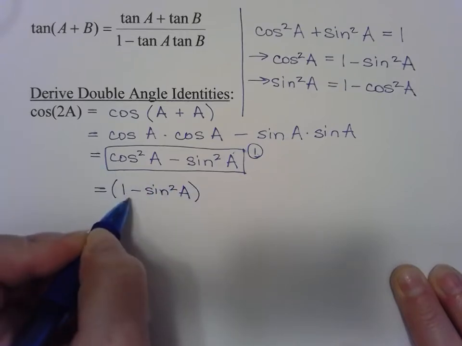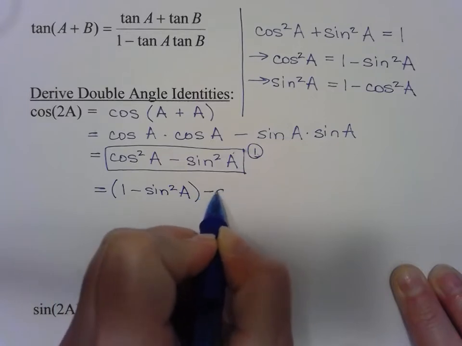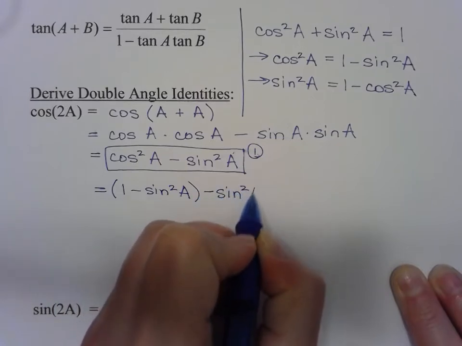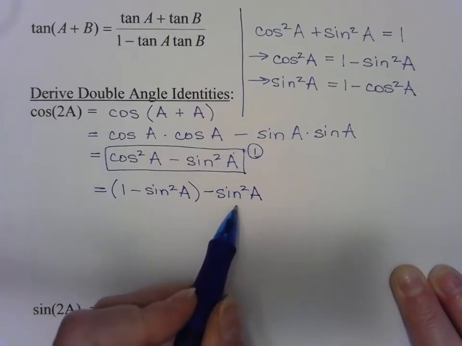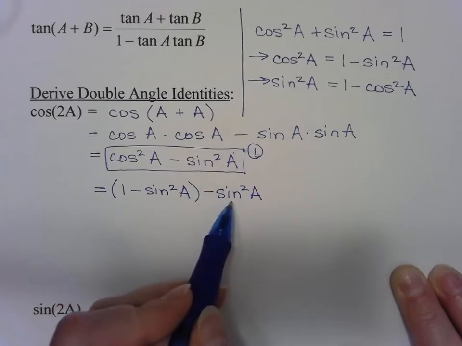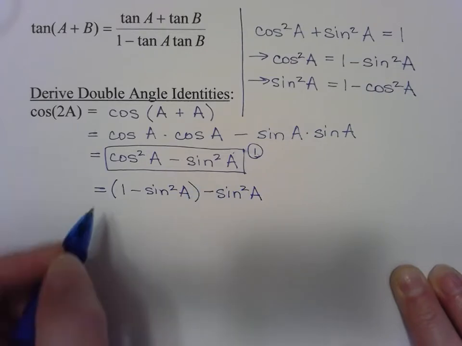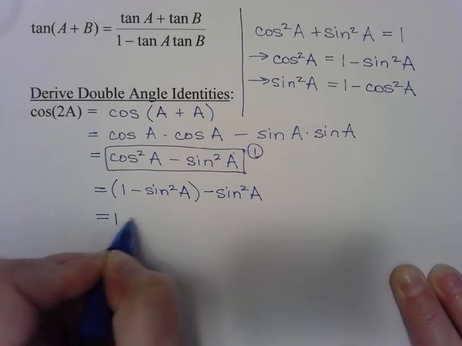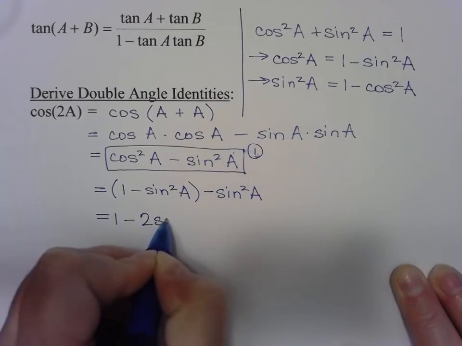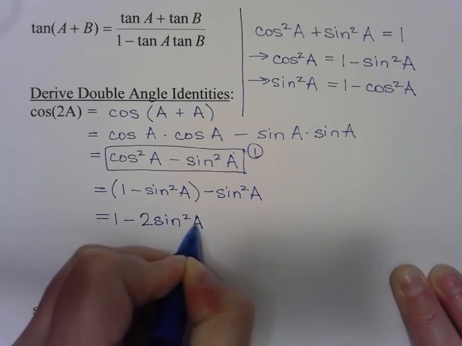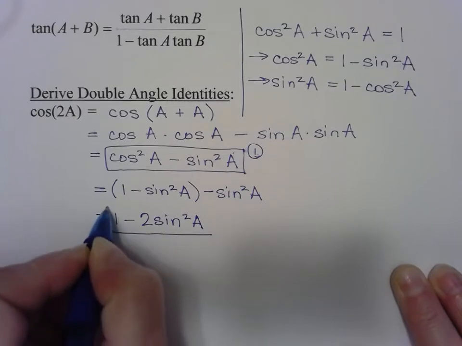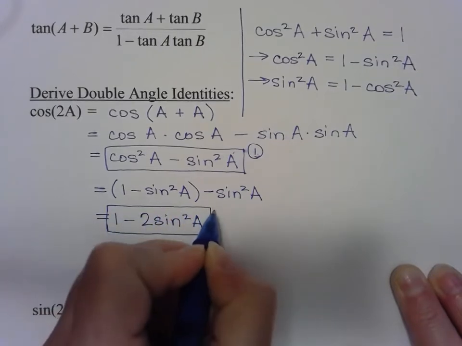So instead of cosine squared, I'm using 1 minus sine squared, and I still have a minus sine squared of that same angle coming from here. These are the same, so they double up. So I end up with 1 minus 2 times the sine squared of A. This would be the second version of this identity.